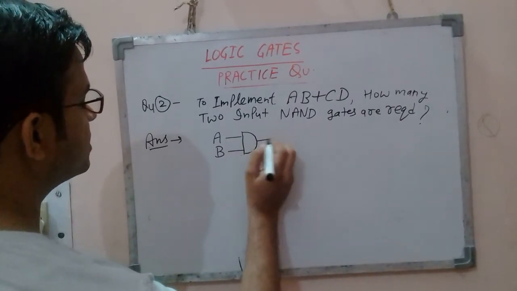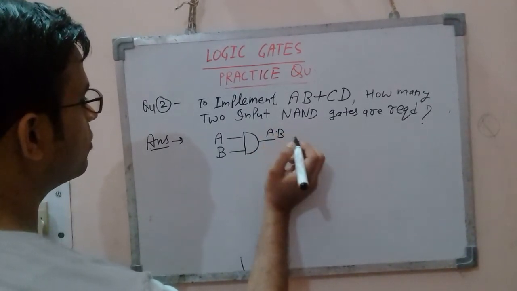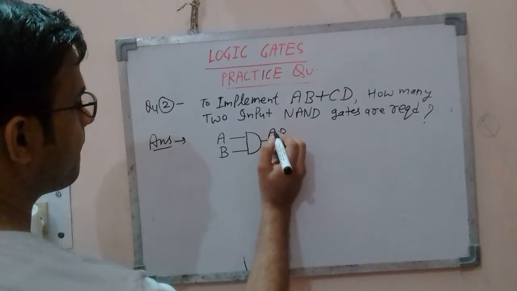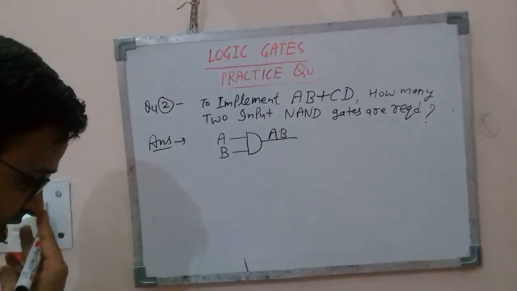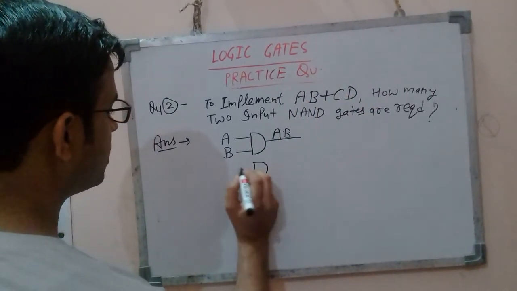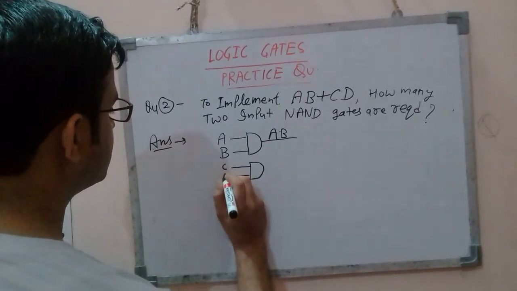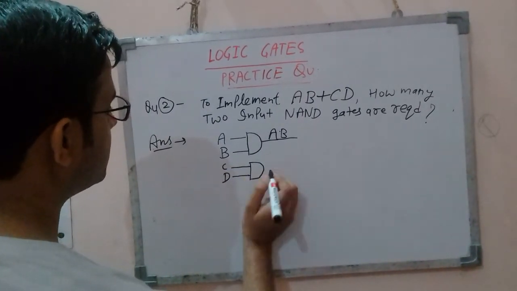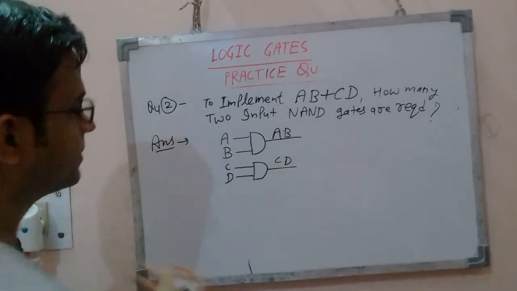When you pass this in the AND gate, your output of this AND gate will be A dot B. Similarly, to get CD, pass C and D into another AND gate like this, right? This is C and this is D. CD. Is it okay?